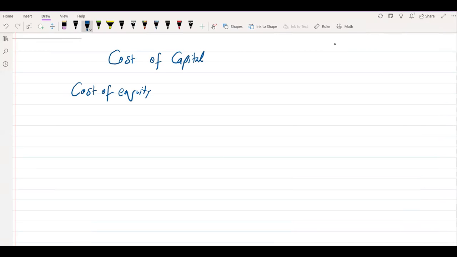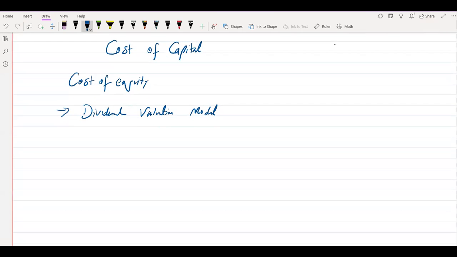There are two methods to calculate the cost of equity. First one is the dividend valuation model. In the dividend valuation model, there are two models.